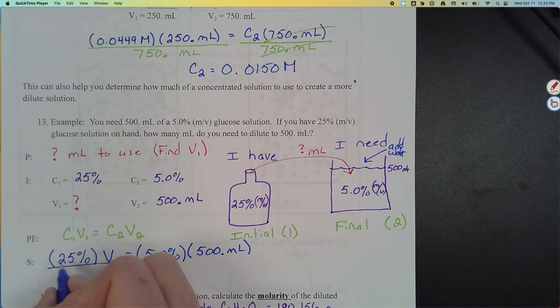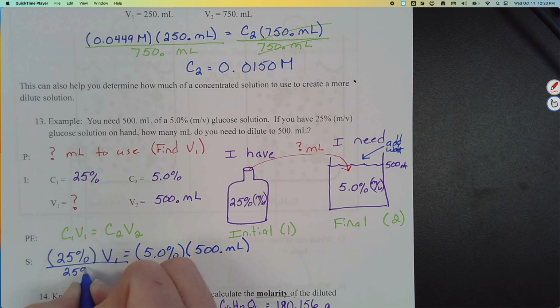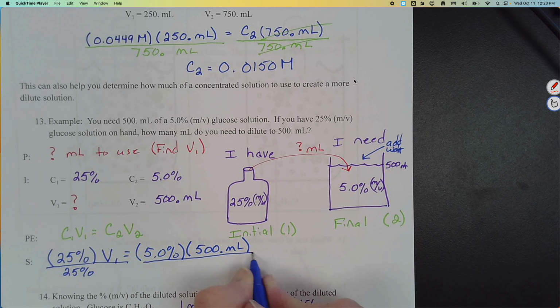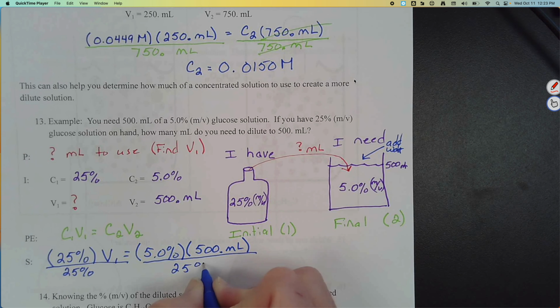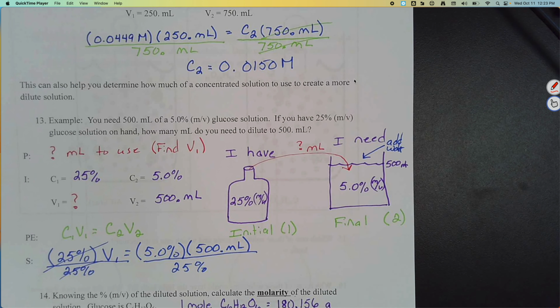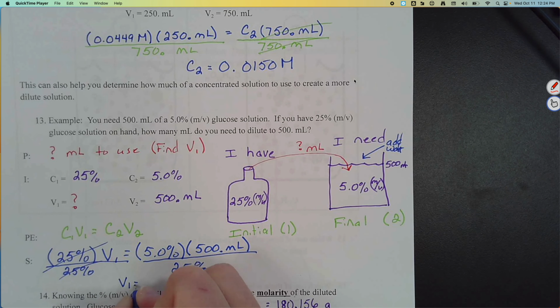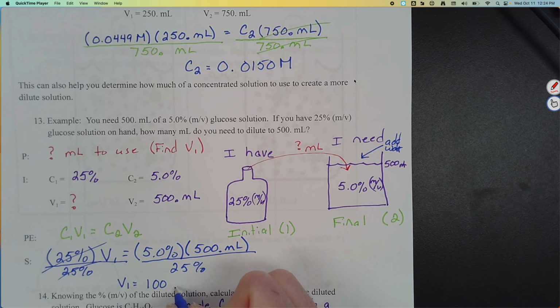So we'll divide both sides by the 25%. Do the math. 5 times 500, divide by 25. V1, I'm going to use 100 milliliters.